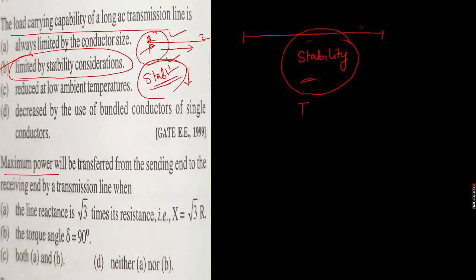Next one: the maximum power will be transferred from the sending end to receiving end by a transmission line when. This is the condition. They have given many options. If you know the answer, you can drop it. Just read the question once more and give me the answer. Just try.